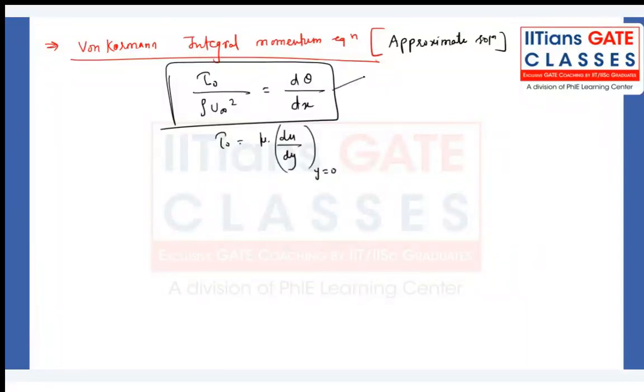It is valid for both laminar plus turbulent flow, but for flow over a flat plate only.